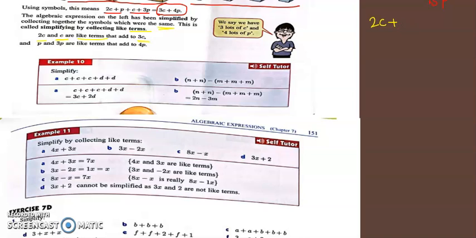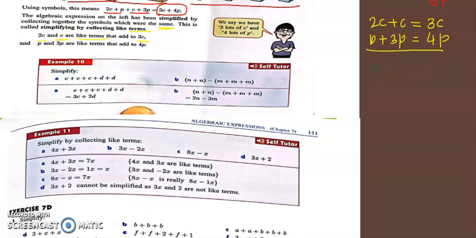Similarly, p plus 3p are like terms and they will give you 4p. I hope you understand so far.